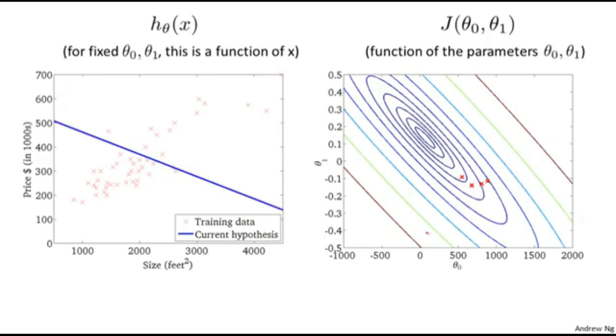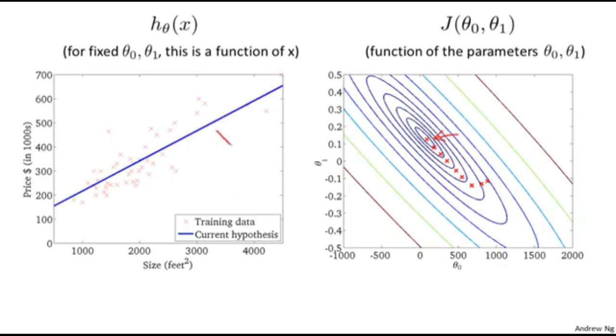As I take further steps, I'm going down in cost, so my parameters follow this trajectory. On the left, this corresponds to hypotheses that are getting to be better and better fits to the data, until eventually I've wound up at the global minimum, and this global minimum corresponds to this hypothesis, which gives me a good fit to the data.